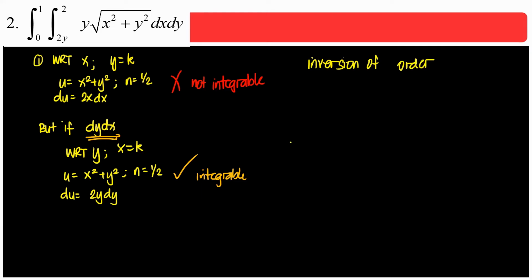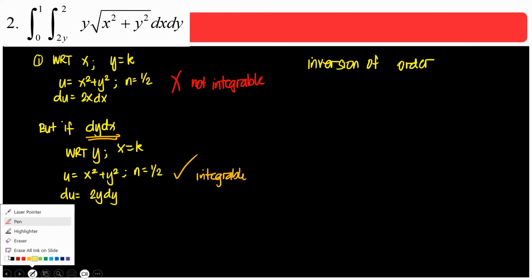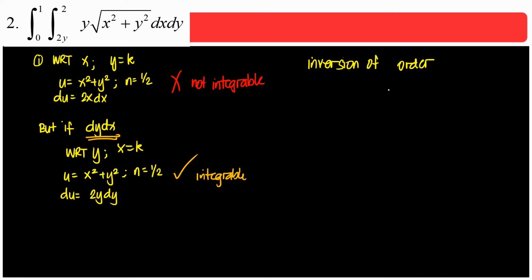If we are to invert the order, guys, it would be important to know the limits. So the first initial limits are x and x, y and y. Limits would be x equals 2y up to x equals 2, y equals 0 up to y equals 1. So for this case, we should know how to draw the figure.